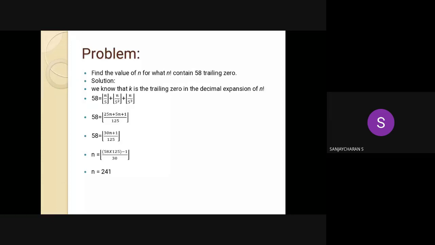You could go up to n by 5 power 4, but then you cannot find n. In that case, you have to restrict the formula up to the third term, that is n by 5, n by 5 square plus n by 5 cube.